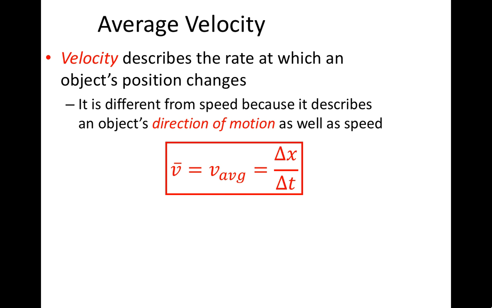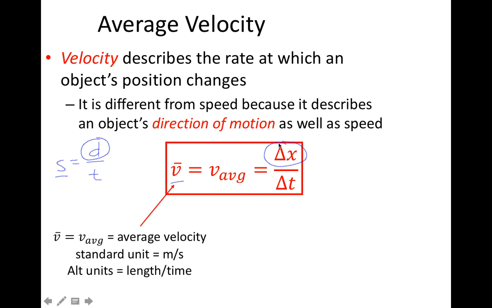And this equation is very similar to the equation for speed, where speed is distance over time. The main difference is that the numerator here is distance, where the numerator here is displacement.